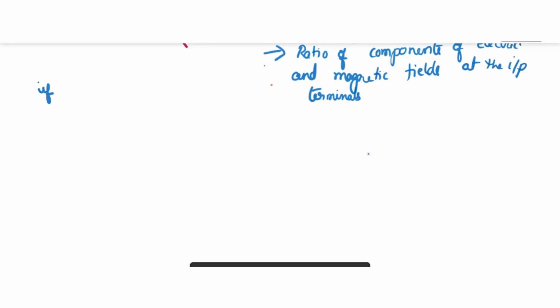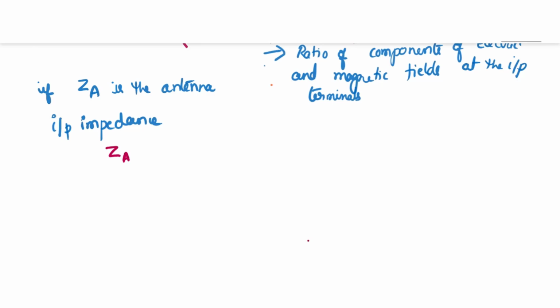If ZA is the antenna input impedance, ZA can be written as VA by IA. What is VA?